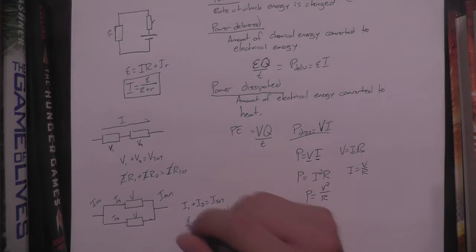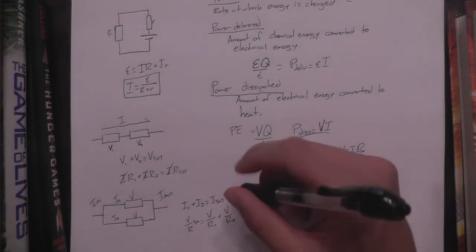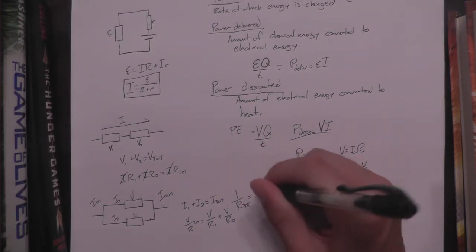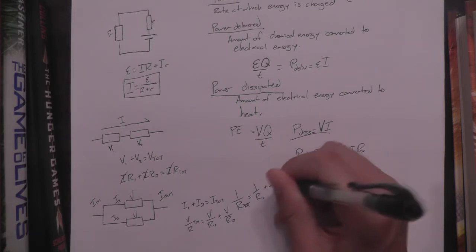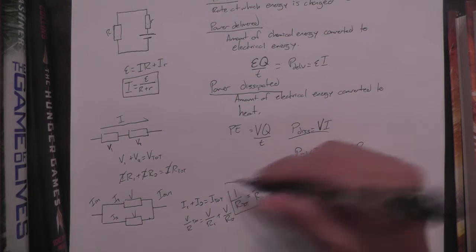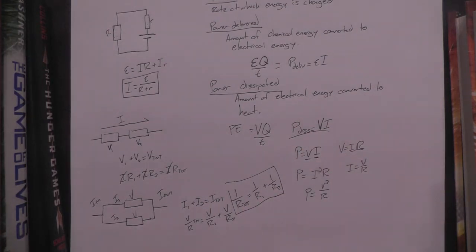But for resistances, now we've got a new formula. If your resistors are in parallel, you're going to need 1 over R total equals 1 over R1 plus 1 over R2 to get your total resistance in parallel. And those are two formulas to help you solve for resistance if you're ever given a circuit problem that wants you to solve for resistance.